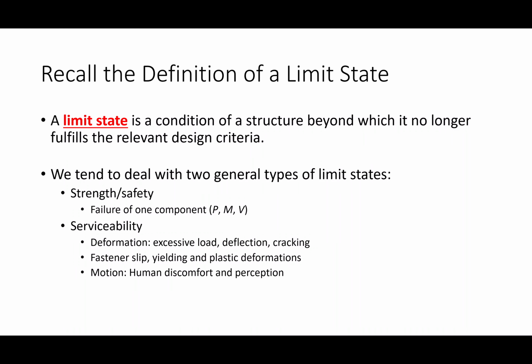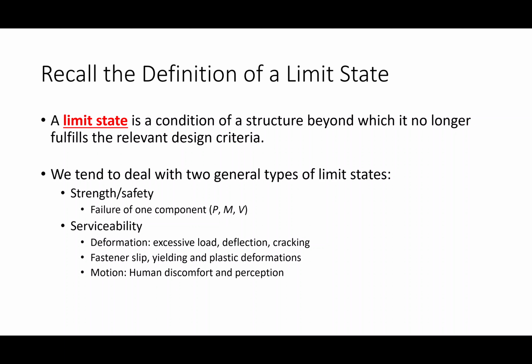On Monday, we talked about the idea of a limit state. A limit state is a condition that we as engineers define such that if you have an element or a member, a connection, and you exceed that condition, then the member no longer fulfills its function. For example, we talked about columns, and we said a limit state might be buckling.